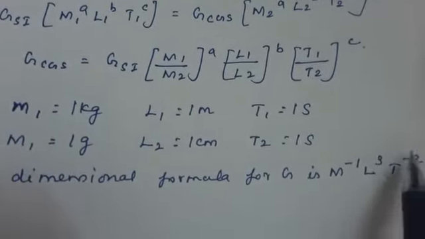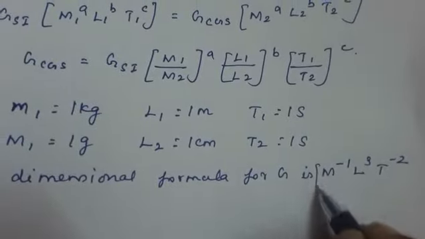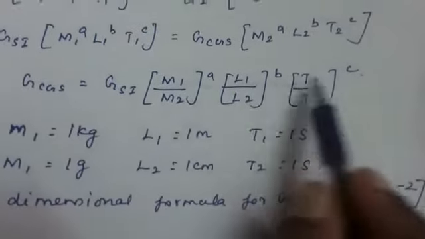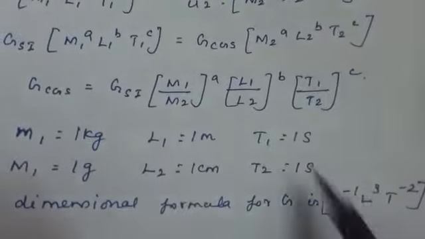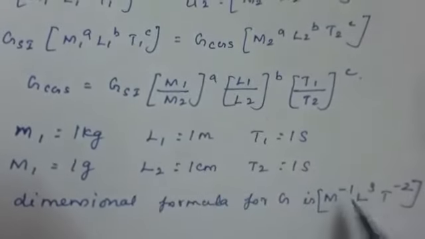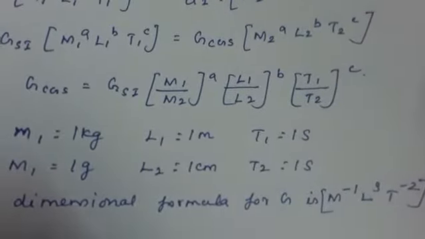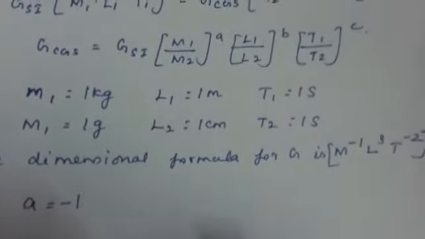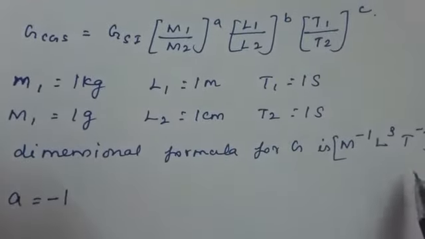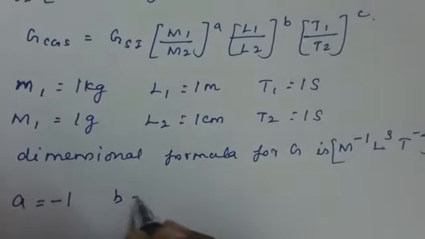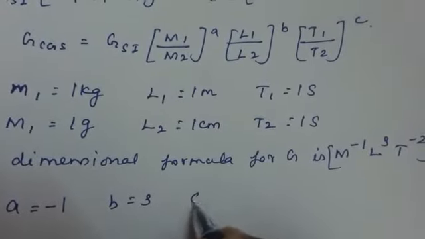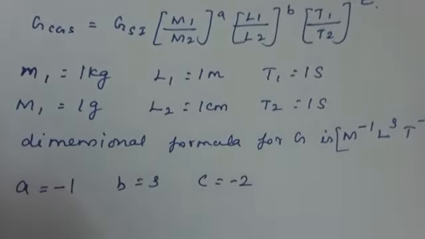Now I am going to compare the powers of the dimension with that of this equation. So what is A? Here the power of M is A. Here the power of M is what? Minus 1. So A is equal to minus 1. Power of B is, here it is 3. So B is equal to 3. Power of C is minus 2.